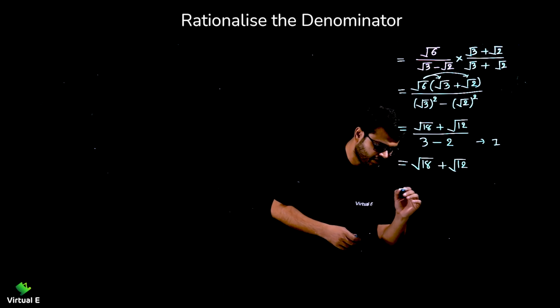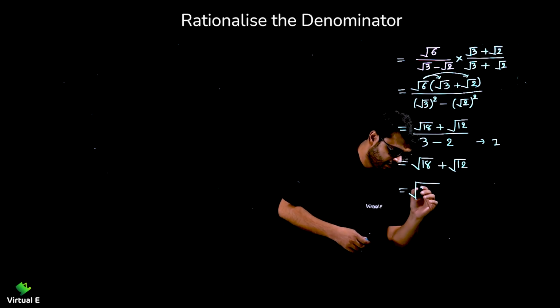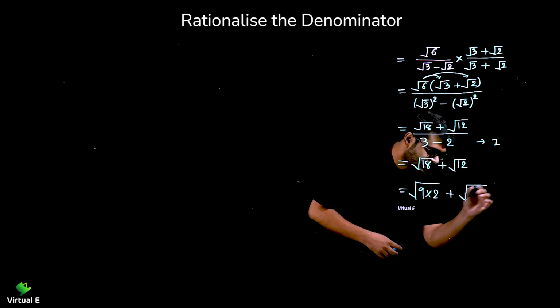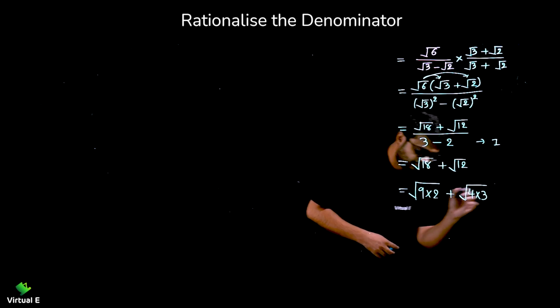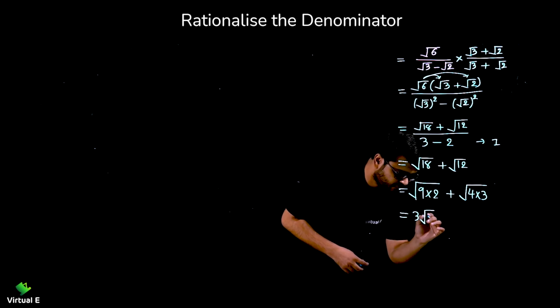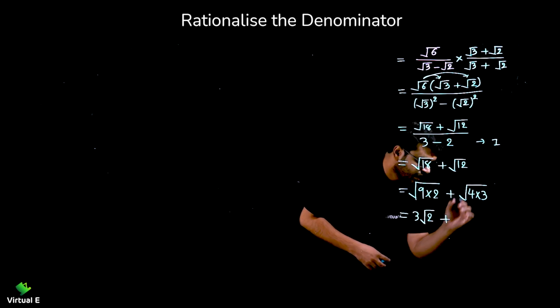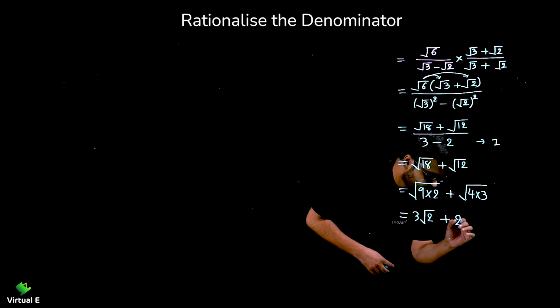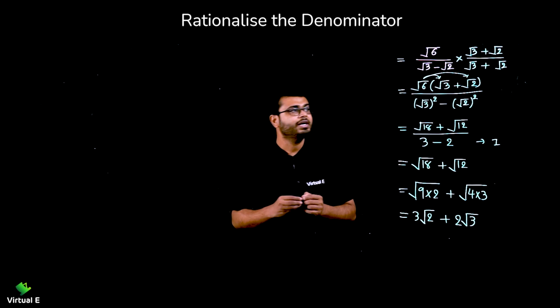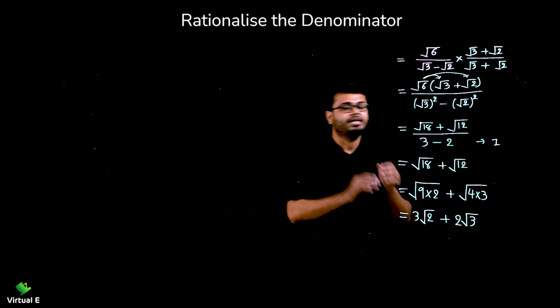Let's try to think of it. Yes, it is what? 9 times 2, plus 12 we can write as 4 times 3, right? So square root of 9 is what? 3, and here square root of 2 as it is, plus here square root of 4 is what? 2, and square root of 3 as it is. Simple, right?